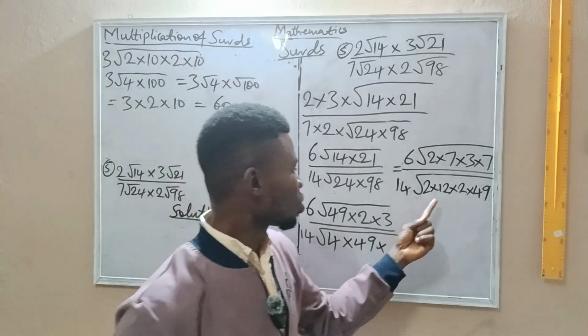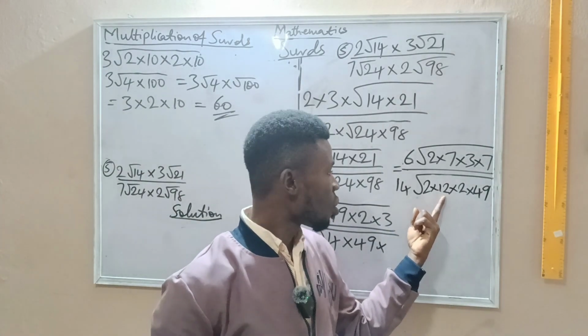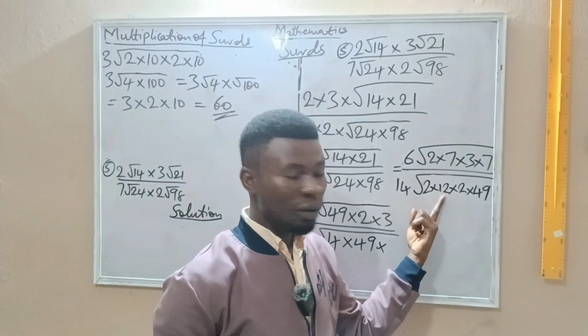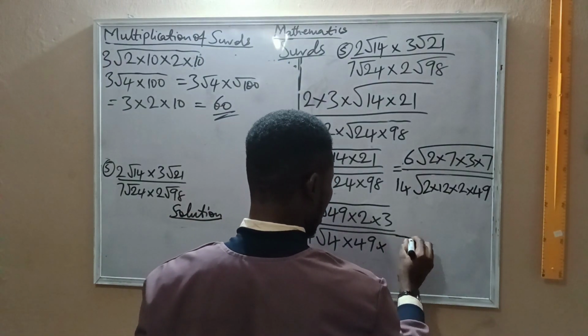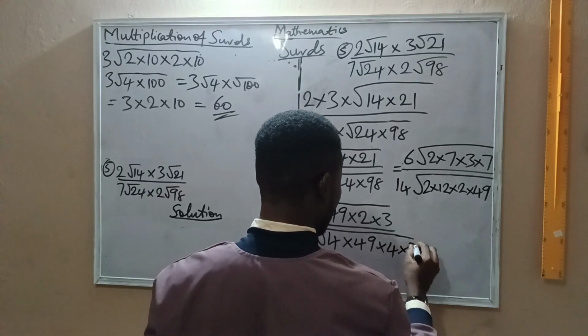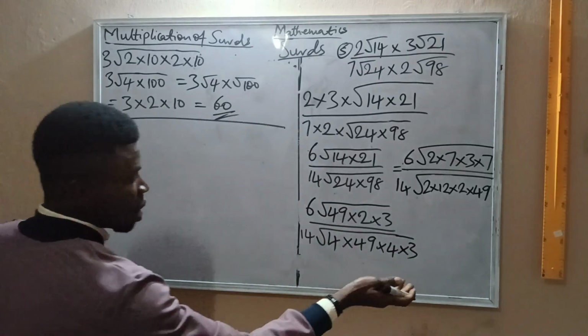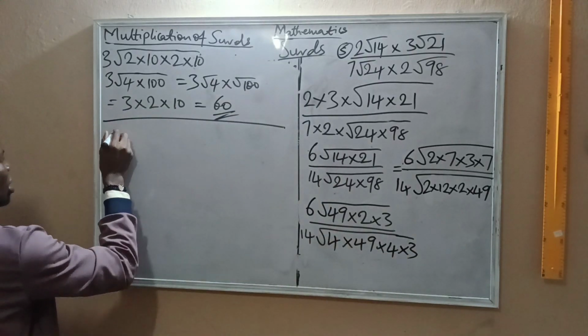We can still get another perfect square out of 12, which is 4. It's 3 times 4 is 12. So we still have another 4 times 3.